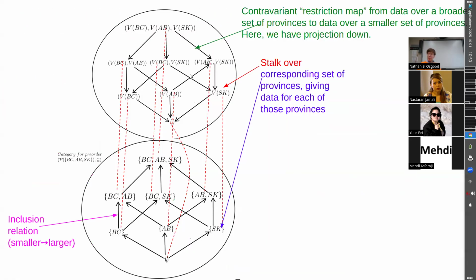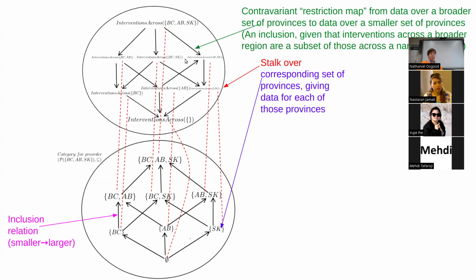And we're recognizing that, and this is absolutely key, that the relationships between these contexts, like that one is a subset of the other or what have you, give rise to structure, logical structure on the data over those contexts. It implies logical structure, because commuting here means of necessity, for example, commuting here.